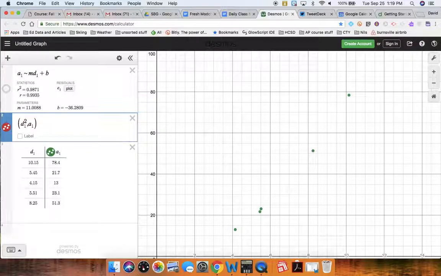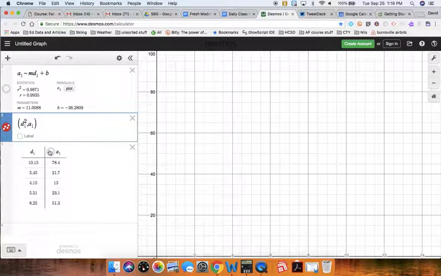Now what it has just done is made a plot that has all of the diameters squared as a horizontal axis value, and the areas as a vertical axis value. What we see right now is the same graph that we had before. So I'm going to first off turn off the area points.